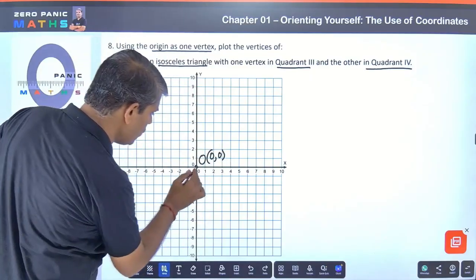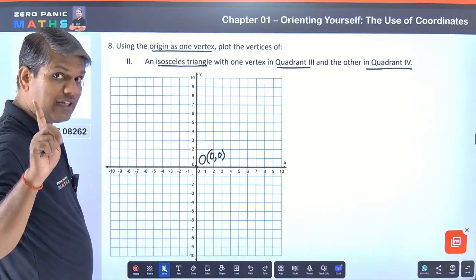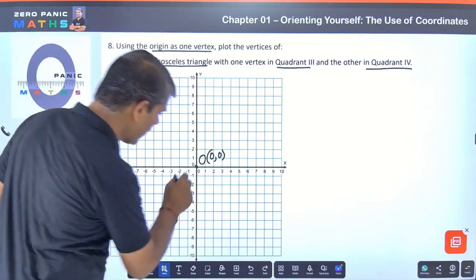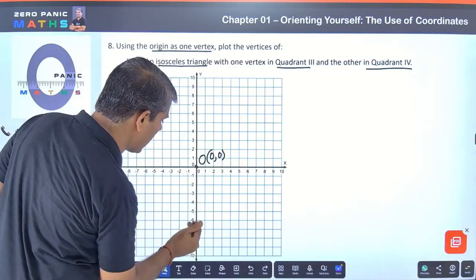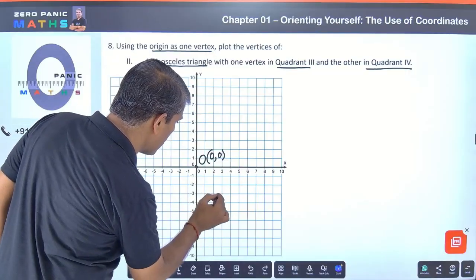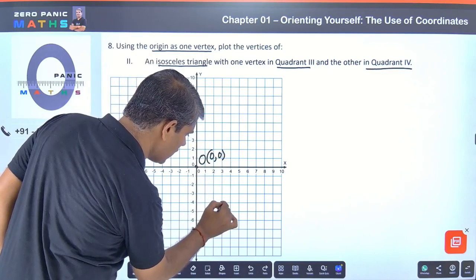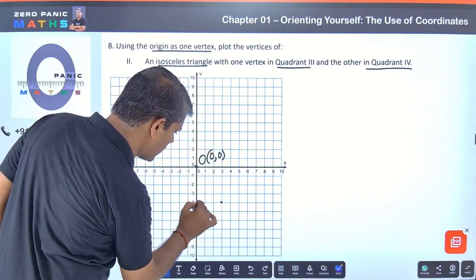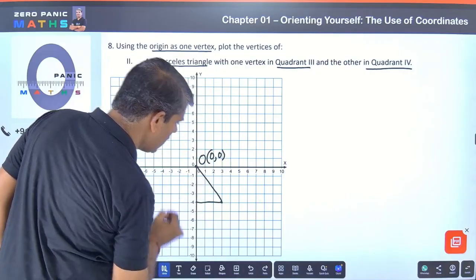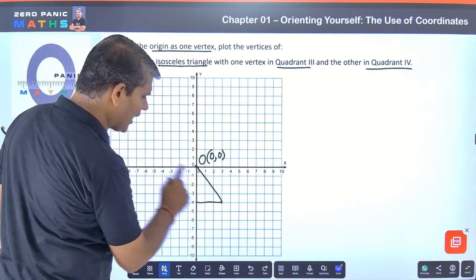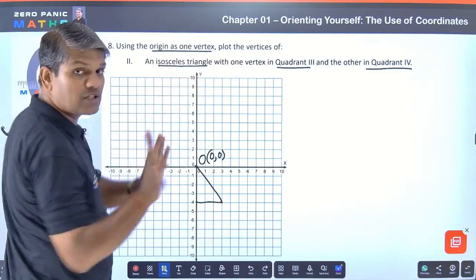Assume this as one of the sides of a right angle triangle, and suppose I am drawing a line 3 units here and 4 points down. Now this is a right angle triangle, but this is not the triangle that is required.